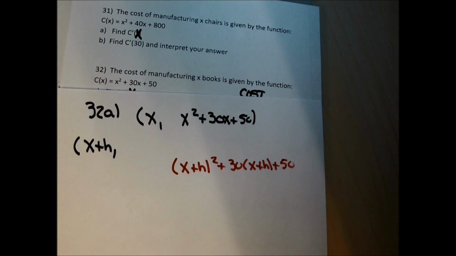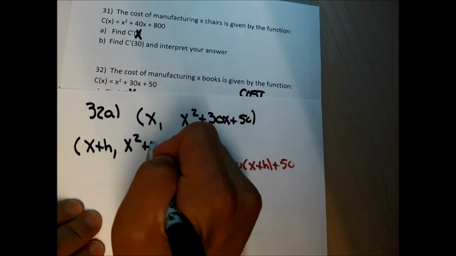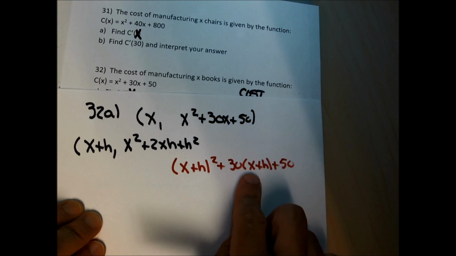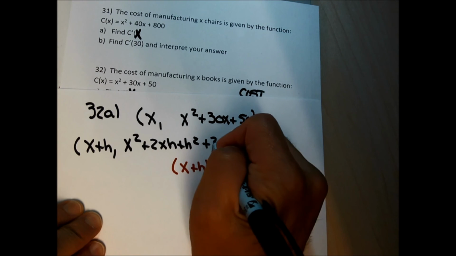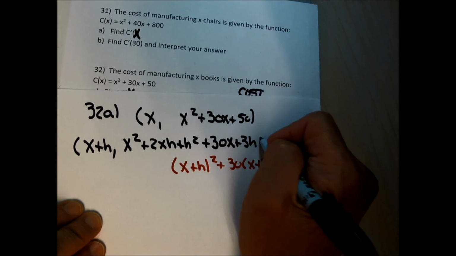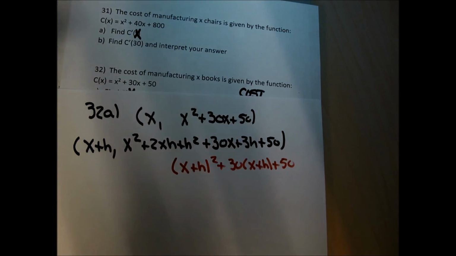And that's way easier than the last one. x plus h squared is x squared plus 2xh plus h squared. 30 times x plus h is 30x plus 30h, and plus 50 is plus 50. Those are my 2 points.